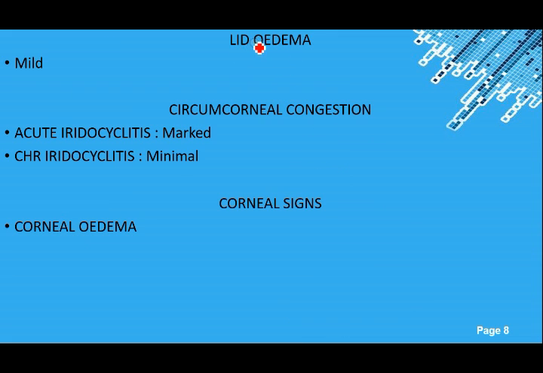So the lid first, it will be edematous. The reason is basically there's an inflammation, so there is dilatation due to the histamine. It's just the body's method to bring in more blood, to fight off whatever inflammation is present there.